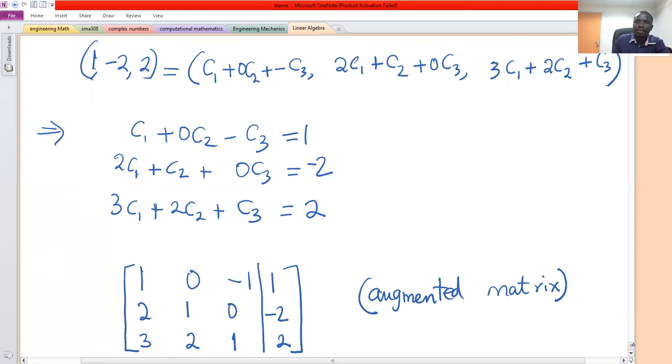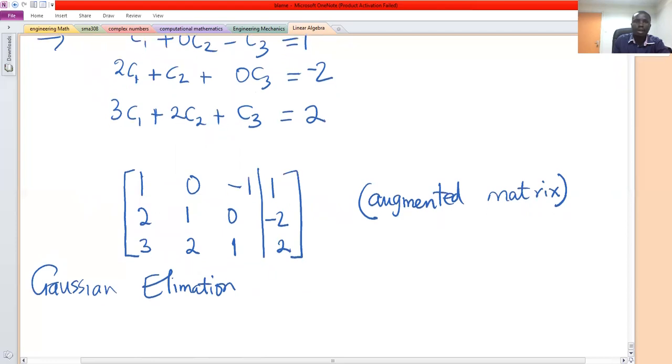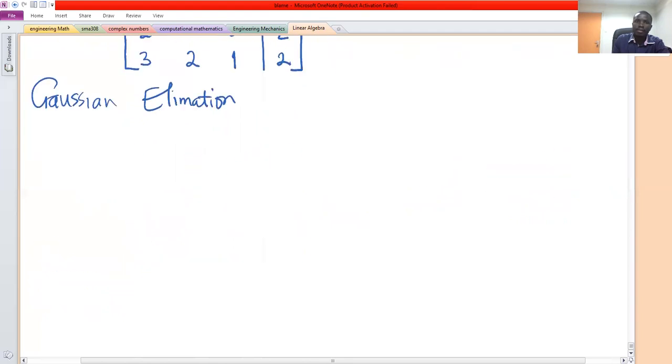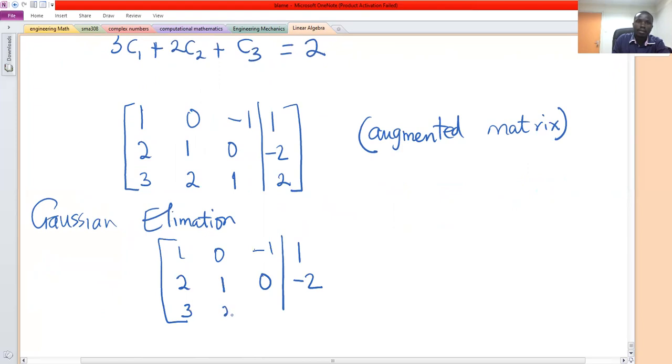Now, from this augmented matrix, let's use Gaussian elimination to solve it. Gaussian elimination simply means that we need to write the matrix in row echelon form and then solve by back substitution. So I'll rewrite the augmented matrix: [1, 0, -1 | 1], [2, 1, 0 | -2], [3, 2, 1 | 2].